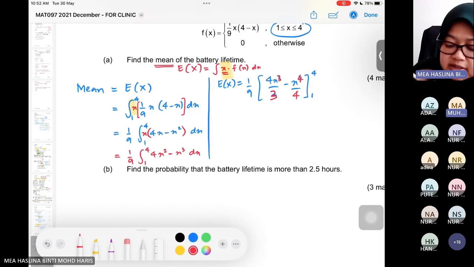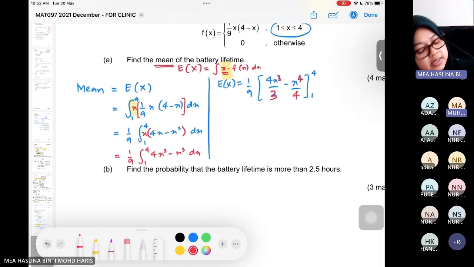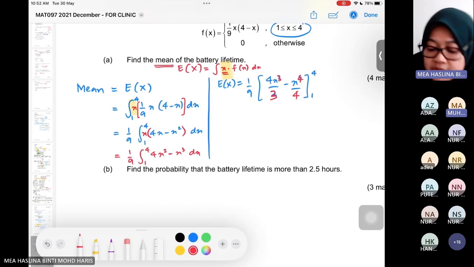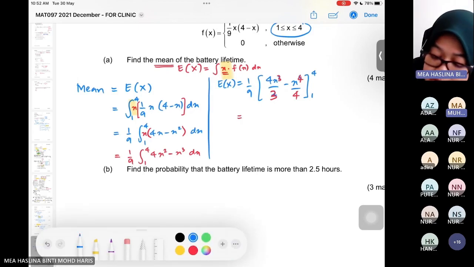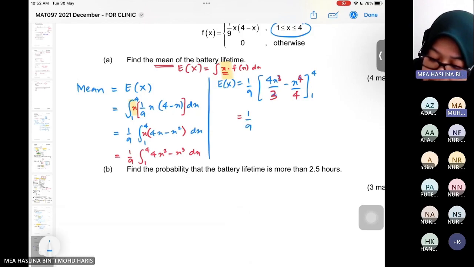Because you are not calculating probability, you are calculating the expected value. As usual, you just substitute. For this one, I don't think I need to show every single step.